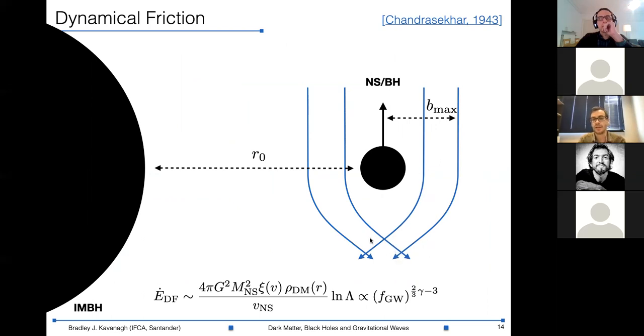Or seen another way, you produce an overdensity of particles behind the compact object as it passes through. This is not a particle physics scattering; this is purely a gravitational deflection, gravitational scattering. The size of this dynamical friction effect traces the density of dark matter, so hopefully, if you could map out this dynamical friction effect, you could understand exactly how much dark matter there is in these systems.